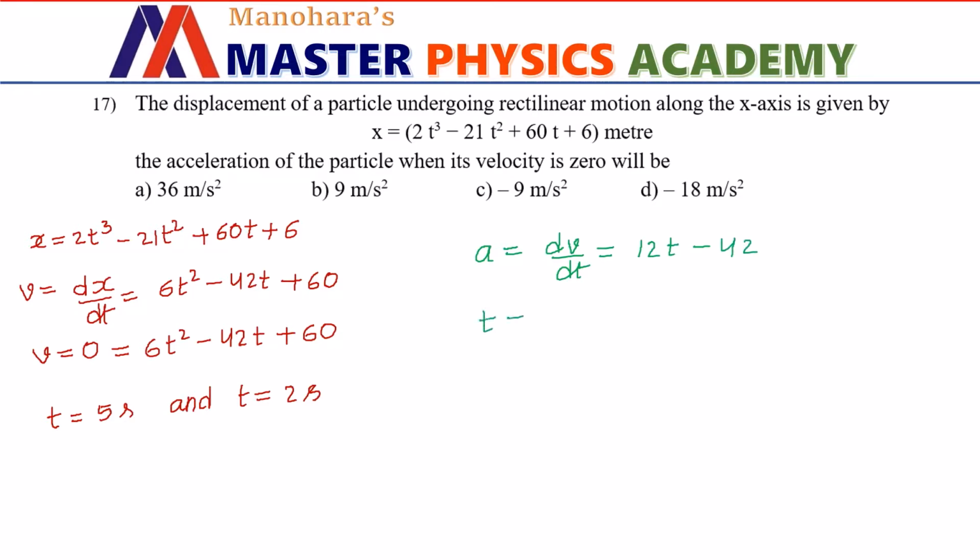Putting t equals 5 seconds, we get acceleration equals plus 18 meter per second squared. Putting t equals 2 seconds, we get acceleration equals minus 18 meter per second squared. Option D is the right choice.